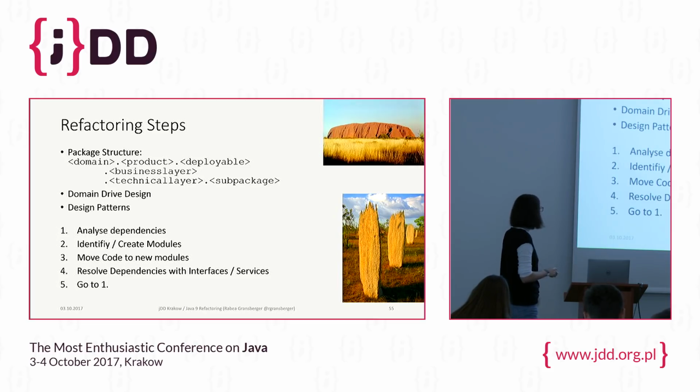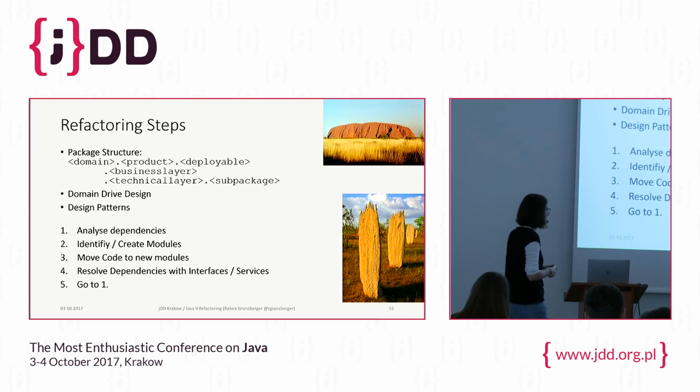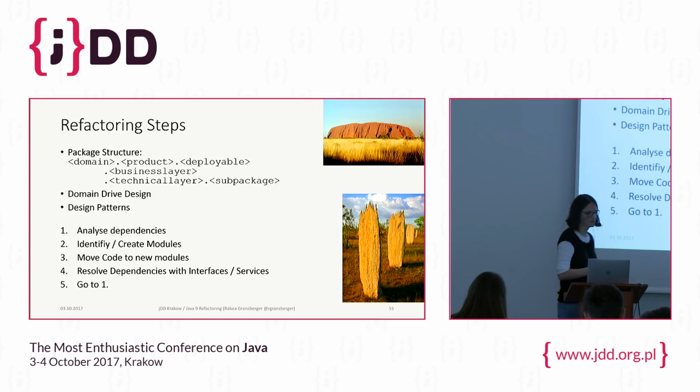Then we analyzed our dependencies. We identified and created some new modules. We moved our code to the new modules. We resolved any dependencies we still had to modules which we didn't want to have with services. You can also create plain interfaces if you can access them as well.